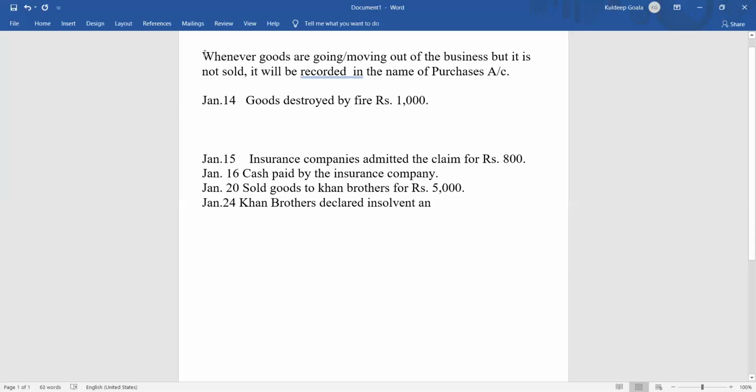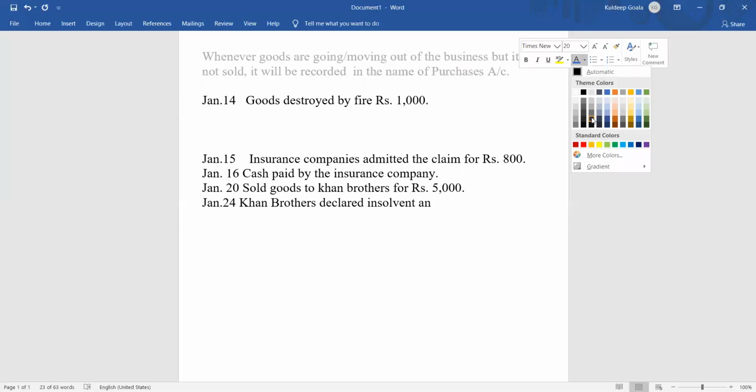Remember, this is a very important note, so I'll mark it with the red pen so that you can understand it easily.